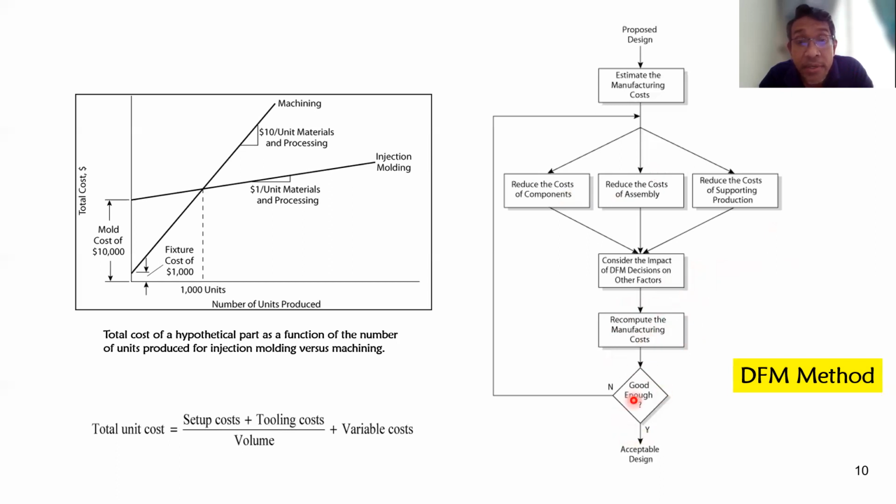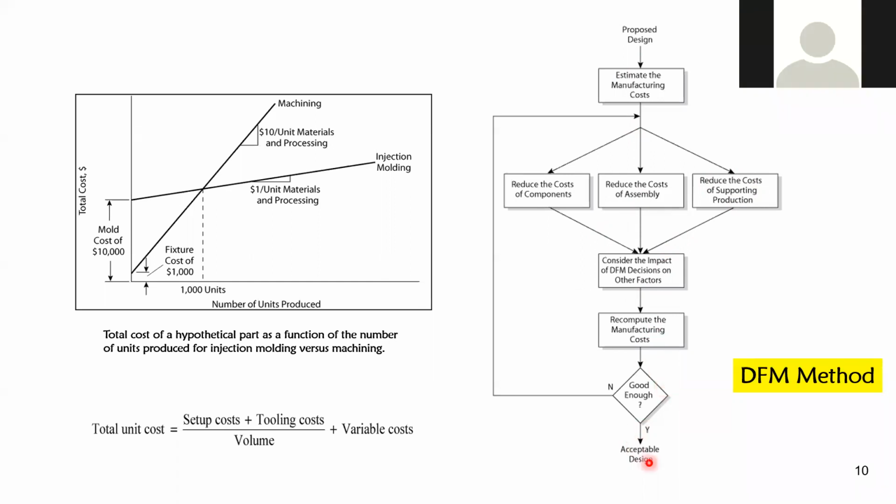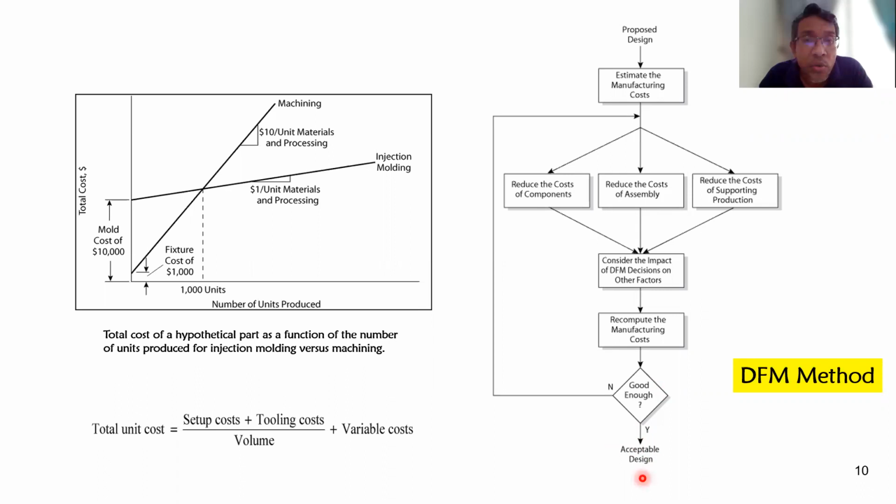Here, the judgment is whether we accept the drawing based on the cost we reduced, the components we reduced, and the assembly maybe we already reduced. All this relates to cost and quality. So we need to decide whether it is good enough or whether we need to revise.